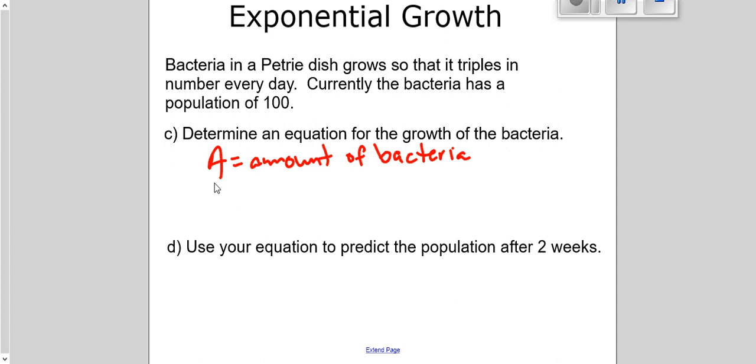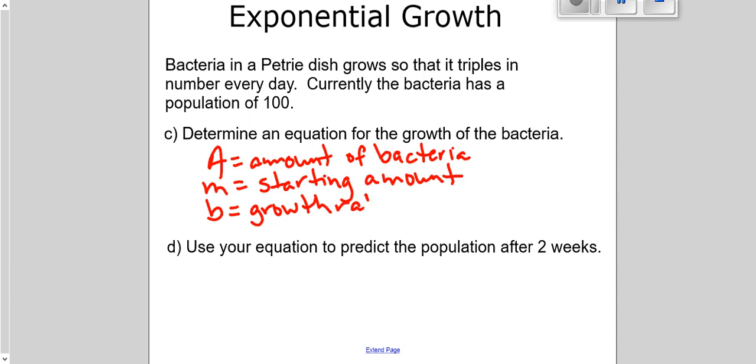And we can say that M is our starting amount. So how much bacteria did we have to begin with? B is going to be our growth rate. Okay, and X will represent time. So how much time has gone by?